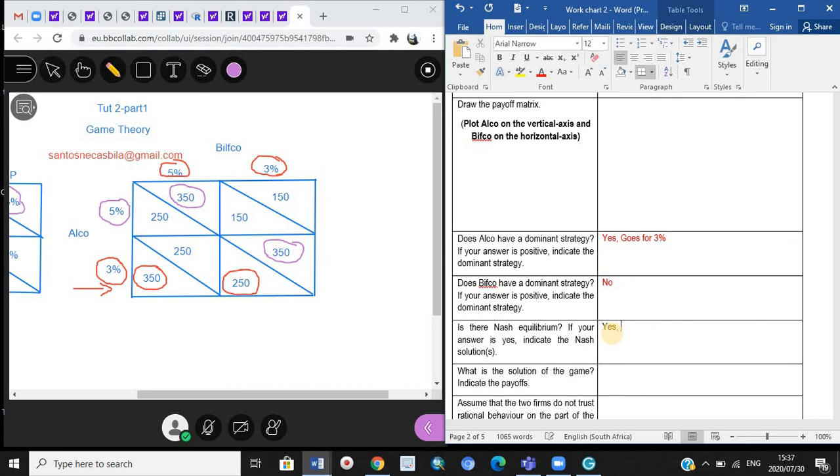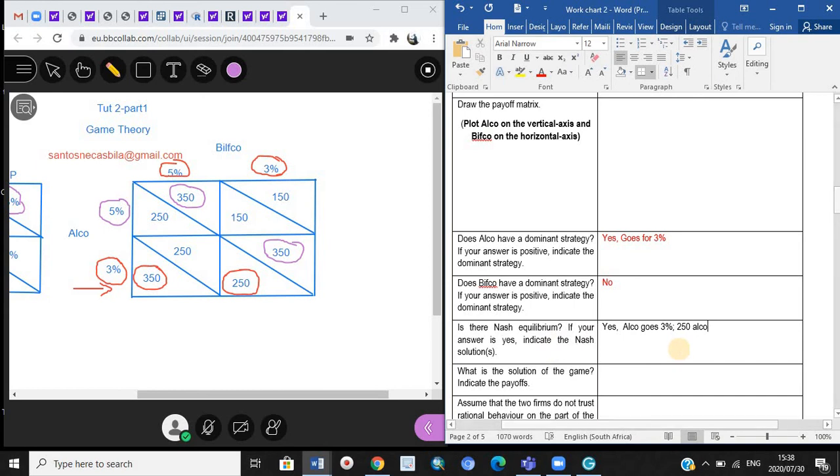And the solutions are, we will say, Alco goes for 3%, which in this case is 250 for Alco.